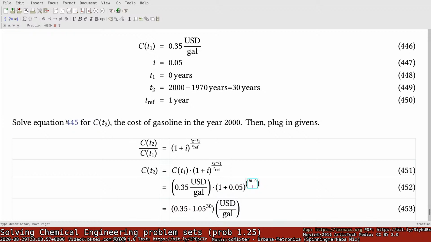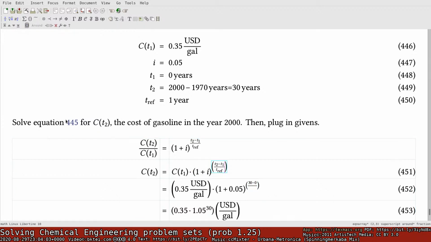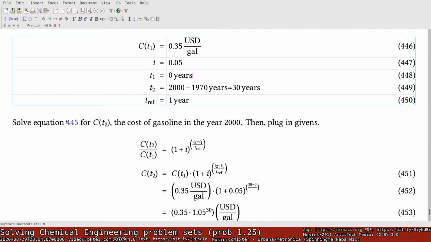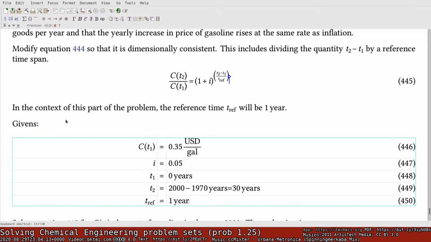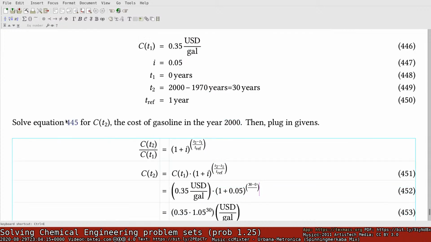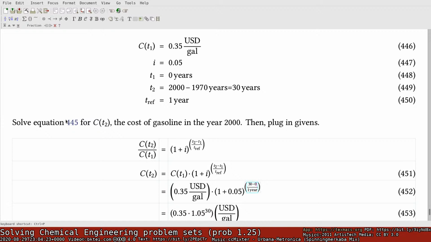And that just means that it is divided by 1 year.